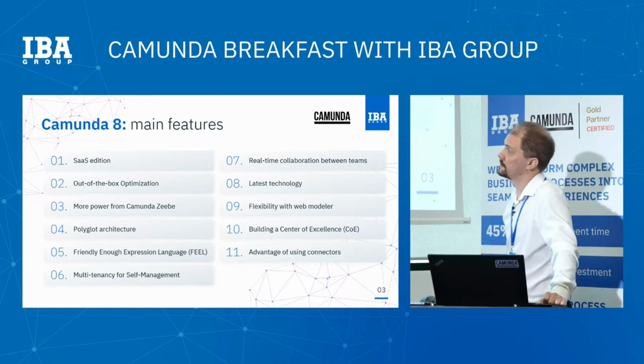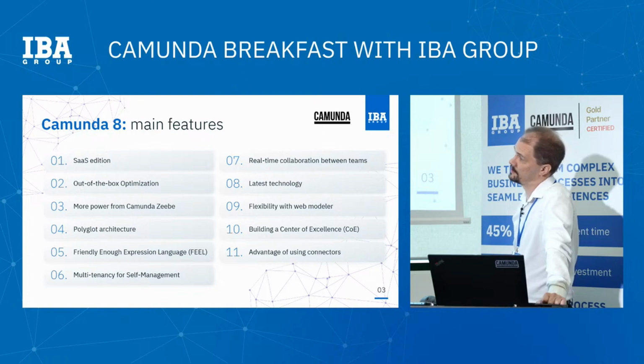The next is the Camunda ZB engine. Camunda 8 is not just an evolution of Camunda. It's more of a revolution, let me say, because it's really a new engine. It's not an enhancement. It's really a new implementation.